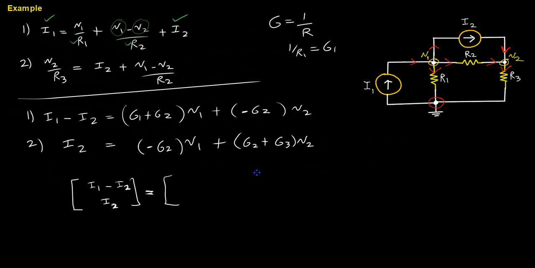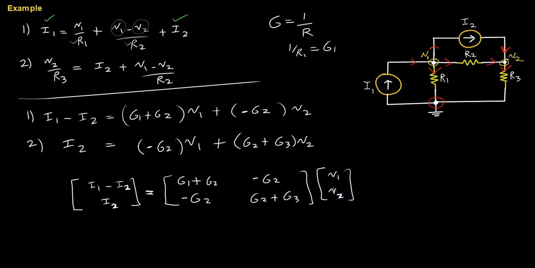So I'm going to have a matrix and call it the conductance matrix of the system. And so that's going to be, we'll see the format in a second. Let me go ahead and fill it out. So G1 plus G2, minus G2, minus G2 and G2 plus G3, multiplied by V1, V2.